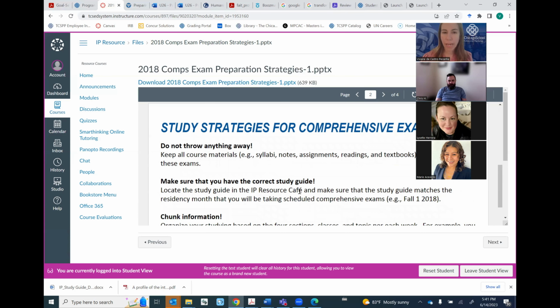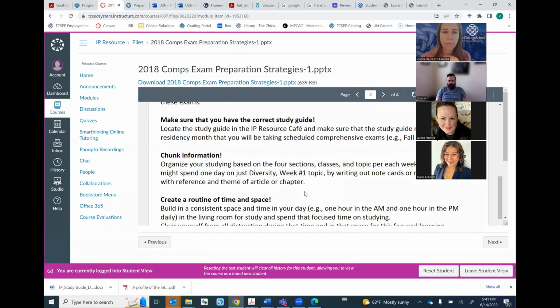Make sure you have the correct study guides. These study guides here are the most up-to-date study guides. We took care of that for you. You don't need to worry about that. Organize the way you're going to study, right? Work on chunks of information every week. Do not leave everything to the last minute, the week prior to the exam.